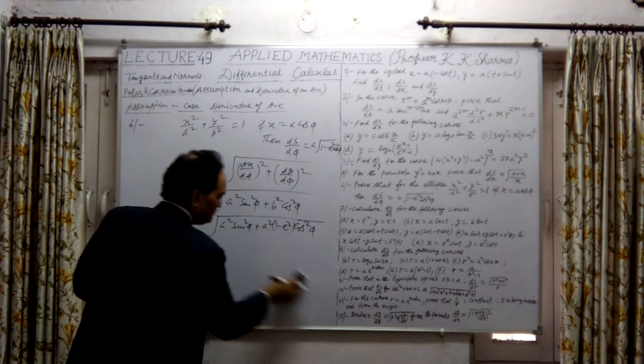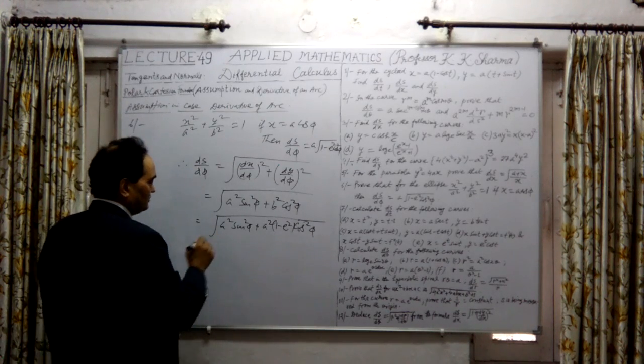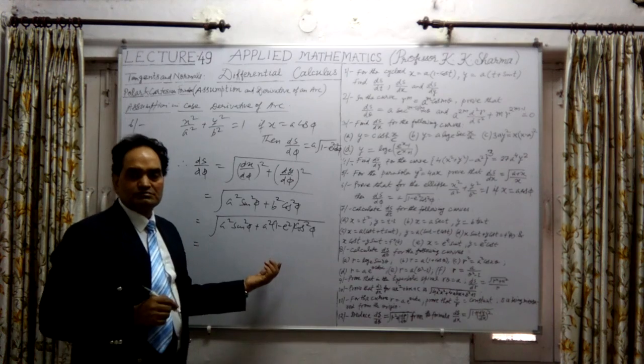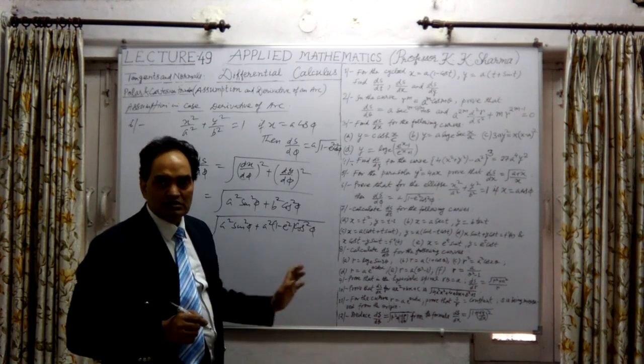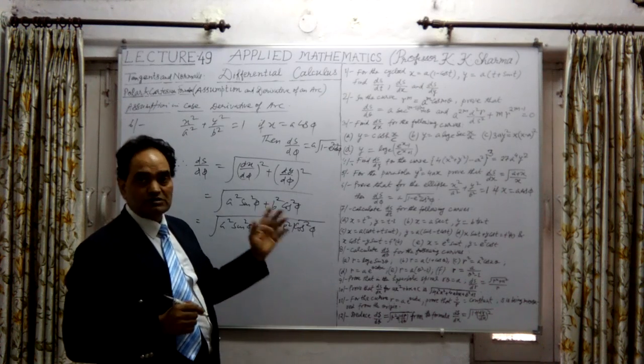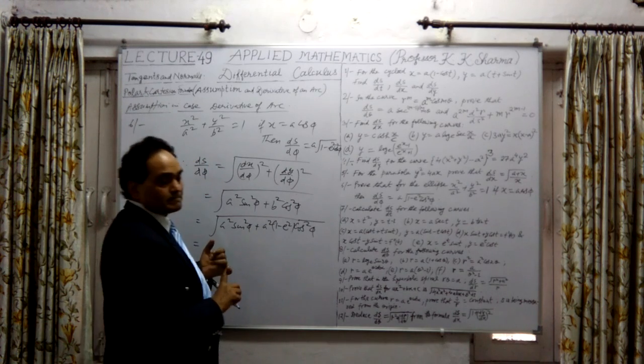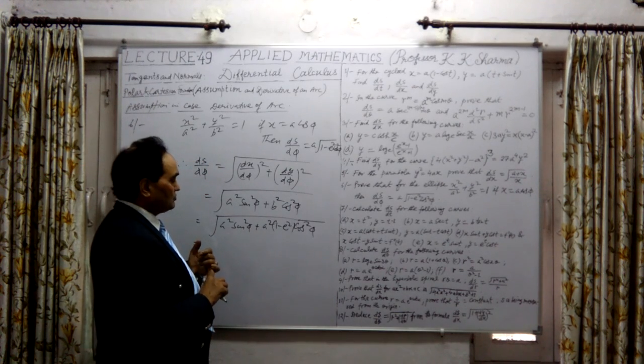In case of ellipse, it is b square equal to a square into 1 minus e square. In case of hyperbola, it is b square equal to a square into e square minus 1, where e is greater than 1. But in case of ellipse, e is less than 1, so it is 1 minus e square.